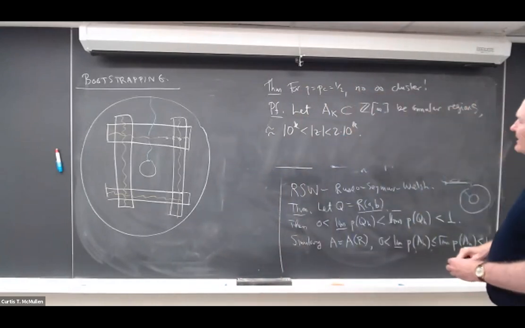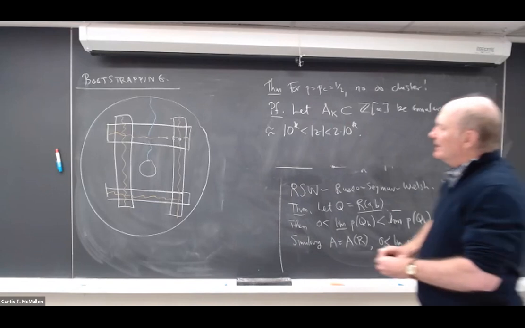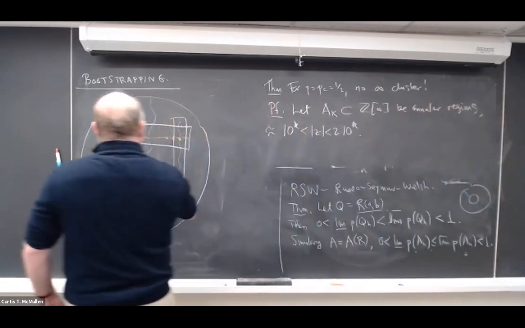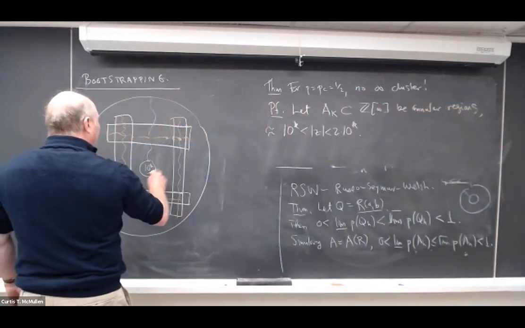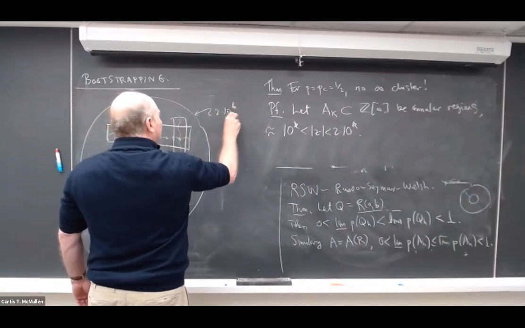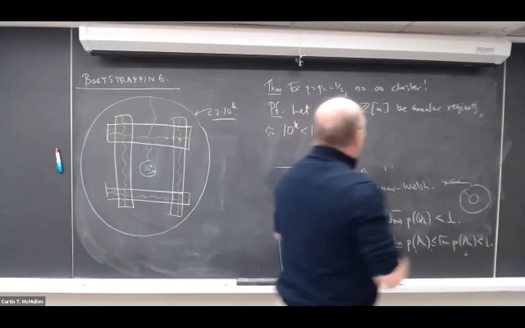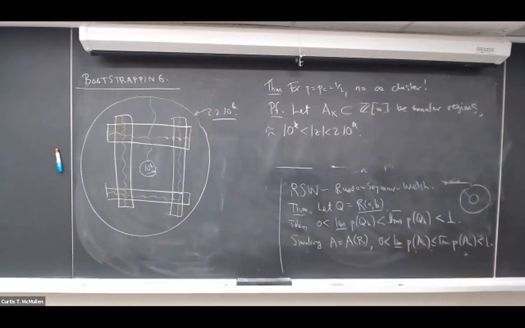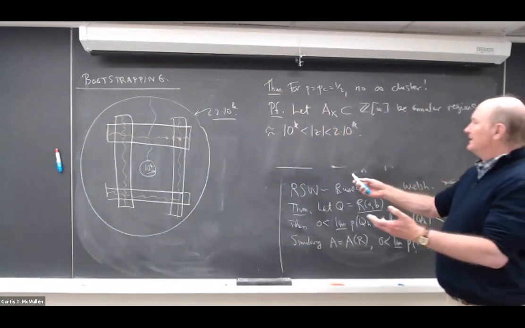So these are annuli that are getting bigger and bigger. They might look like this. This is inner radius 10^k, outer radius 2 times 10^k. And they all have the same modulus.